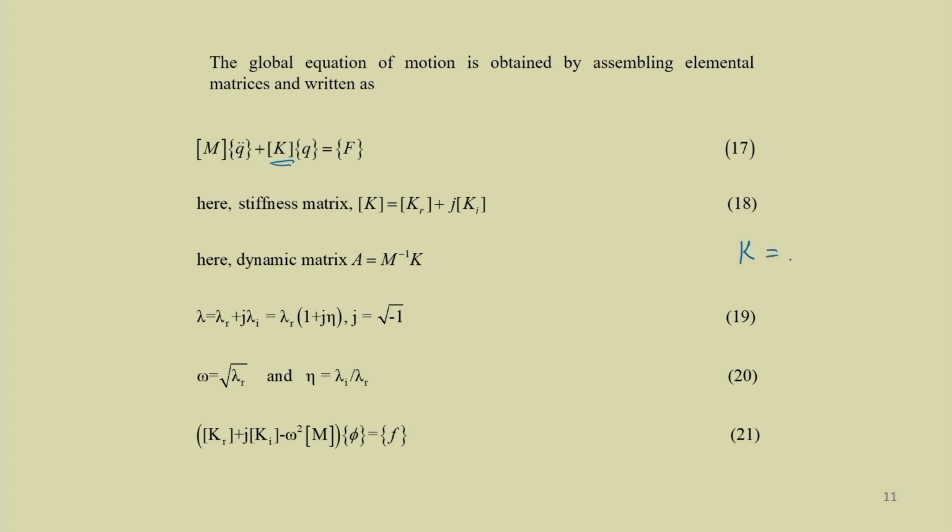it will have a real part and a complex part, Kr plus j Ki, because of the elasticity modulus E or G that you are considering in case of the viscoelastic material. For example, the shear modulus G can actually be G star. So, G star equal to G plus, or we can write G star equal to G times 1 plus i eta.